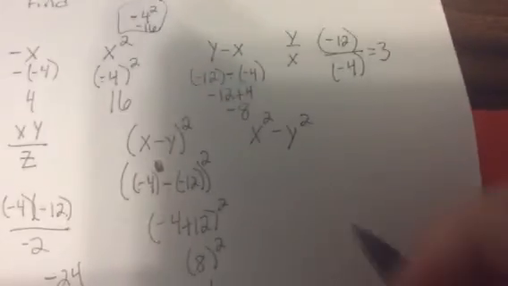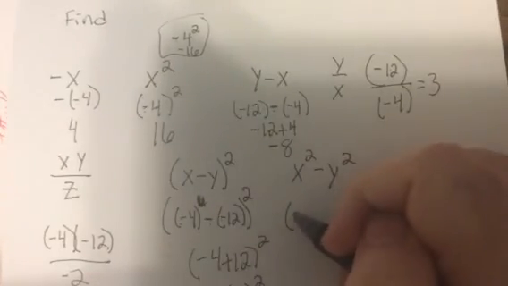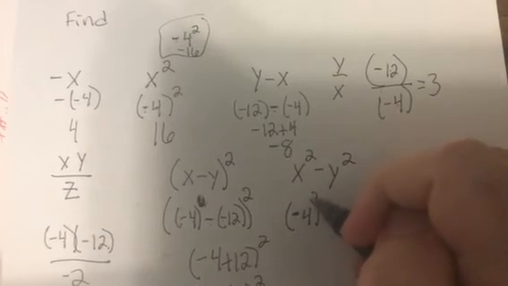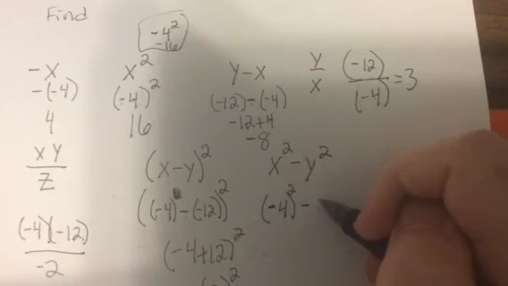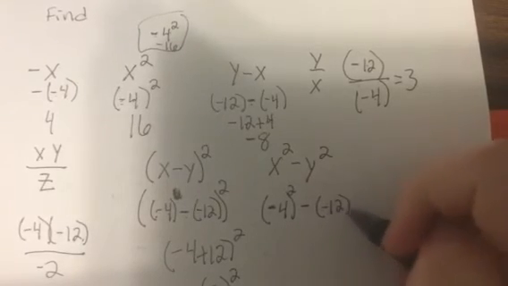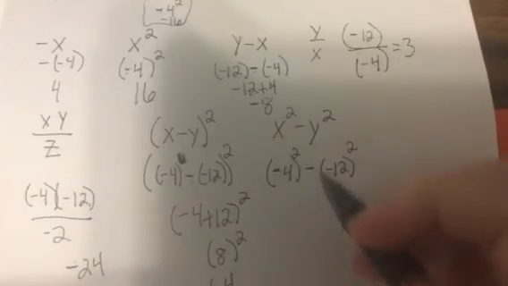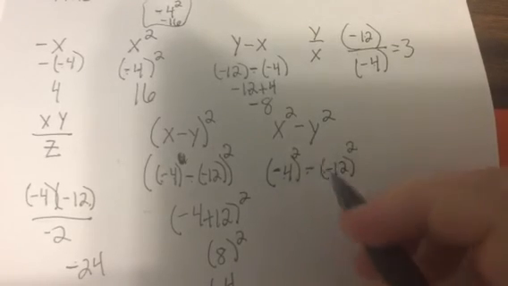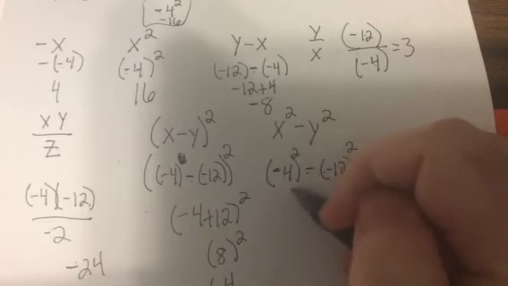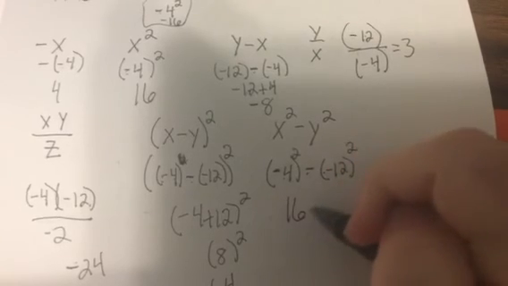And the last one, hey, I hope you got them all right so far. X is negative 4. Now we're squaring it. Minus y is minus 12. And we're squaring that. Now notice, this minus is not in this parentheses or this one, so you leave it alone till the end. Negative squared is positive. 4 squared is 16.